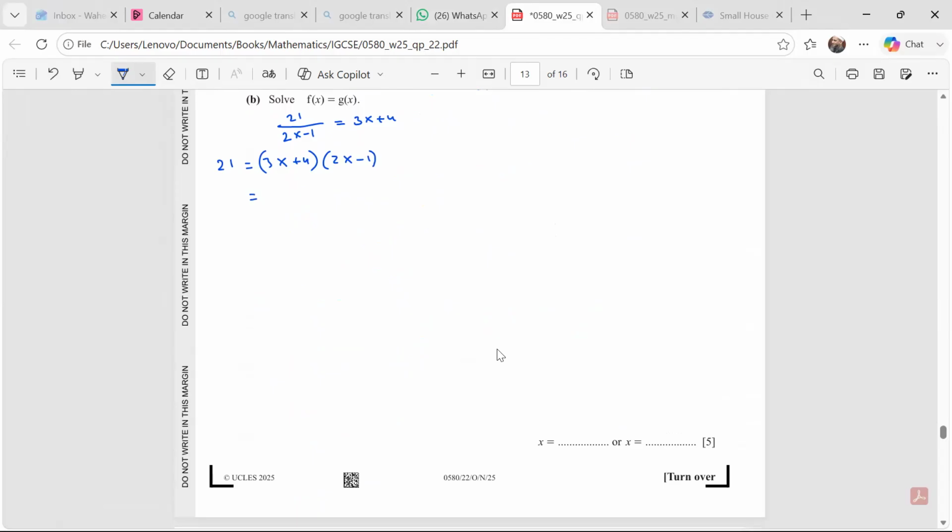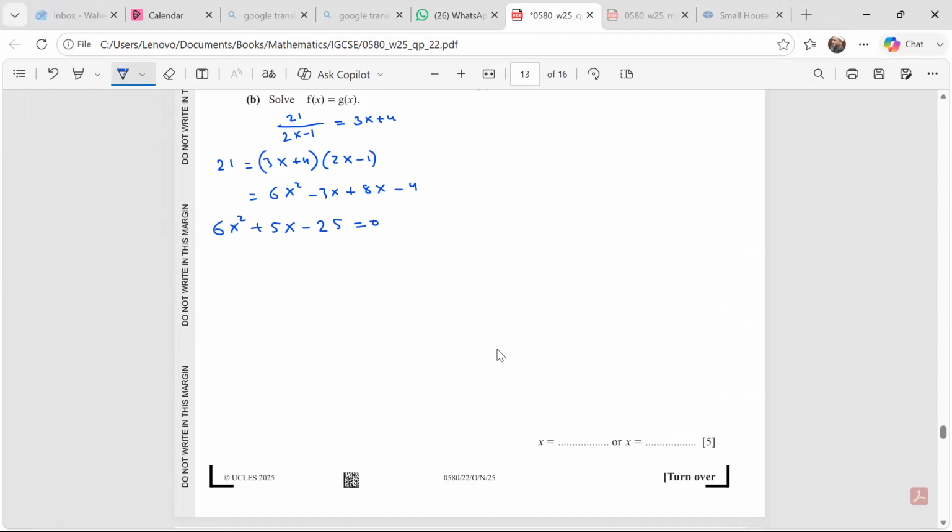So this will be 6x squared minus 3x plus 8x minus 4. So this will become 6x squared plus 5x minus 4 and minus 21 is going to be minus 25, equal to 0. I can write it like this.